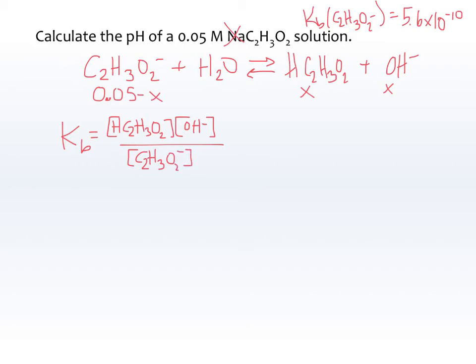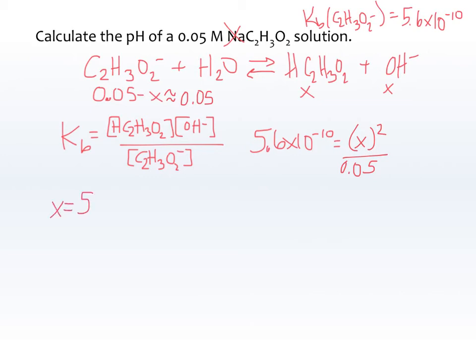And off the chart, that was 5.6 times 10 to the negative 10, which is equal to X squared divided by, hoping this approximation will be valid, 0.05. And when I cross multiply and take the square root of both sides, I get X is equal to 5.3 times 10 to the negative 6. Now again, please do not take my word for this answer.